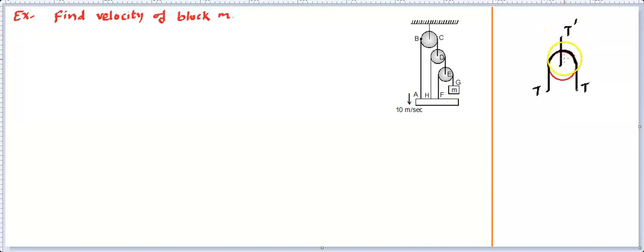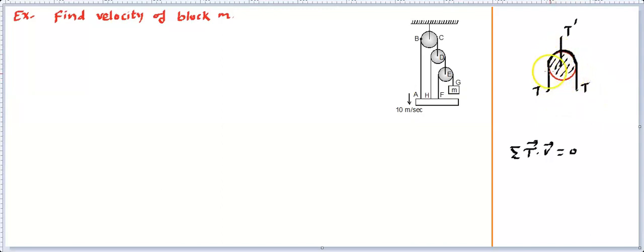Now, if we are involving T1 and T2, or T and T dash, then in this summation T dot A or summation T dot V, after simplification, this T will not get cancelled out by itself. So to make this T cancel out, all these string tensions must be written in terms of a single tension. How can we write that? We have already talked about this being an object which is massless.